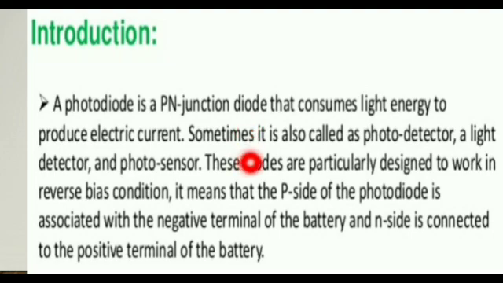These diodes work only in reverse bias condition. Please remember, the PN junction diode is connected in reverse bias.